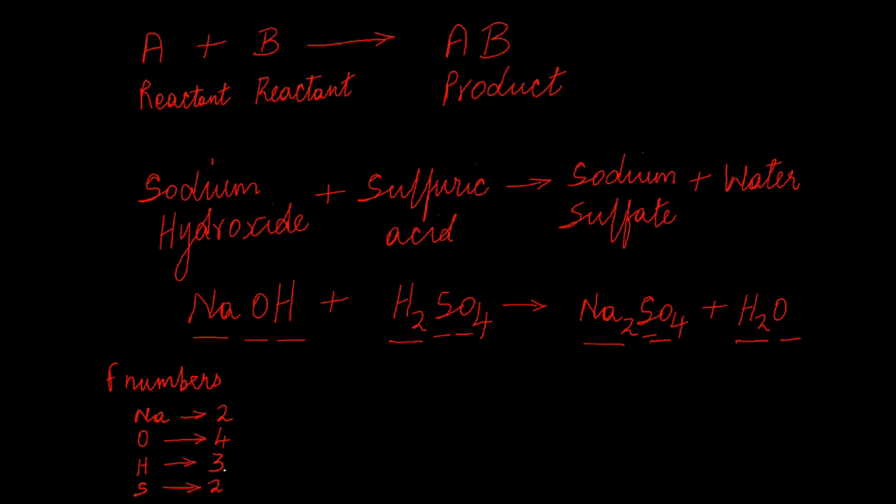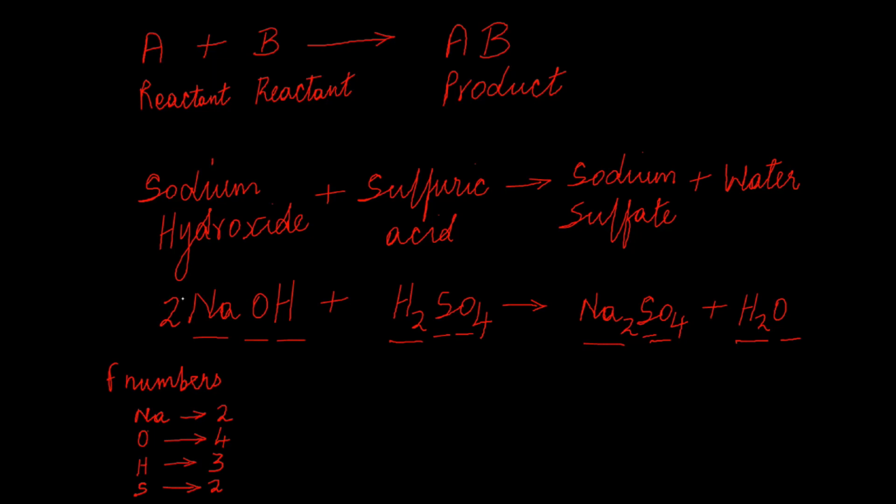Now you will first balance the atoms which have the lowest F number. If 2 have the same F number, then balance the metals first. Now, sodium and sulfur, which is the metal? Sodium is the metal. So there's 2 sodium on the right hand side. You balance it by putting 2 over here.